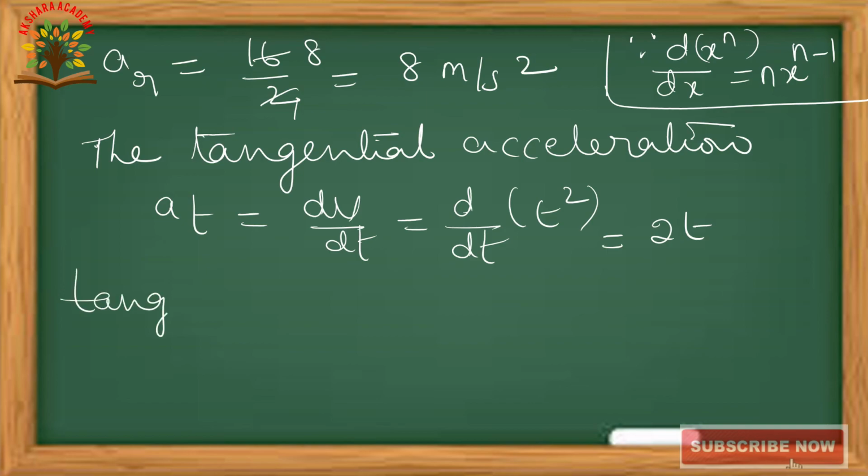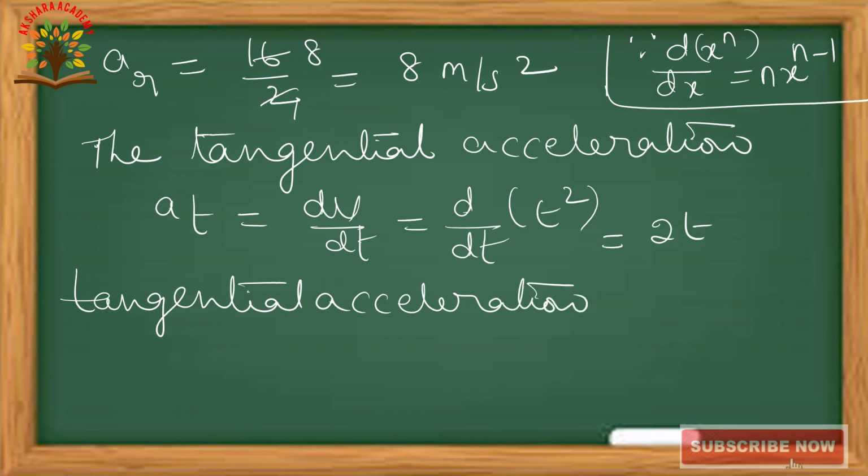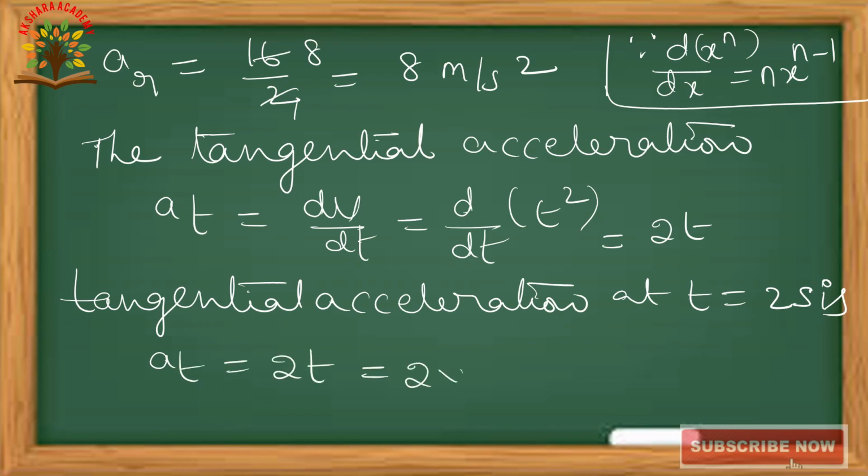Now we are finding the tangential acceleration at t is equal to 2 seconds. AT is equal to 2 into t, that is 2 into 2, that is equal to 4 meters per second square.